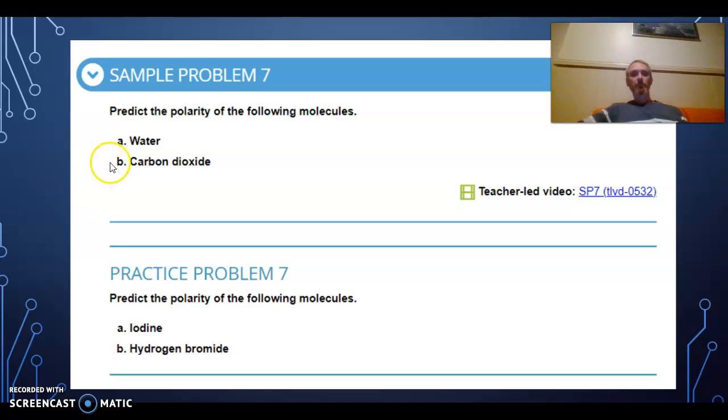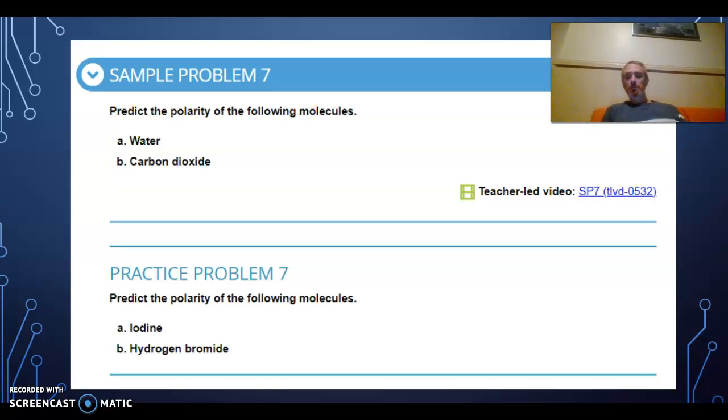Again, a couple of examples here. You look at the atoms involved: are the bonds polar, and if they are polar, is the charge unsymmetrical? Asymmetrical is the better word.